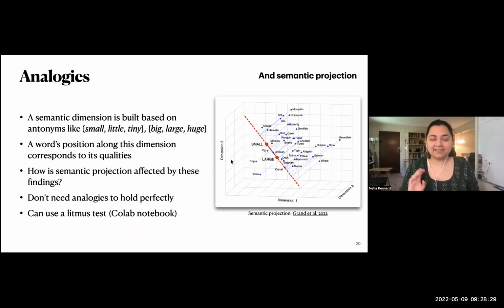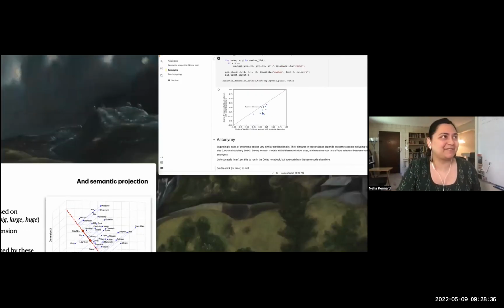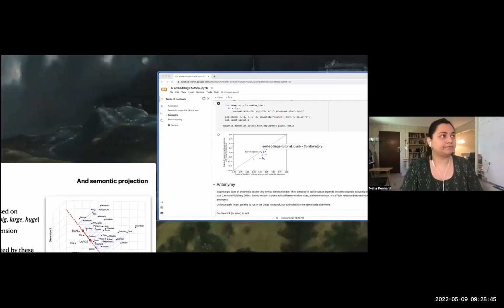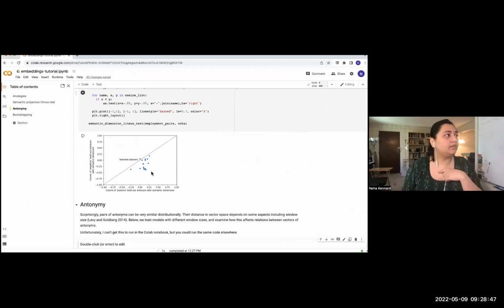Great. Are there any questions about the analogy section before I move on? Or the code, sorry, the code was a little bit weird. I just have a quick question, Neha. In that graph in the code that you're showing us, below the y equals x line, those are pairs of words where the employer word had a higher cosine with the employer-employee dimension than the employee word? Yeah, right.